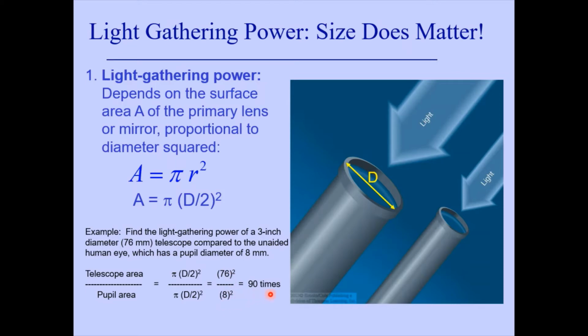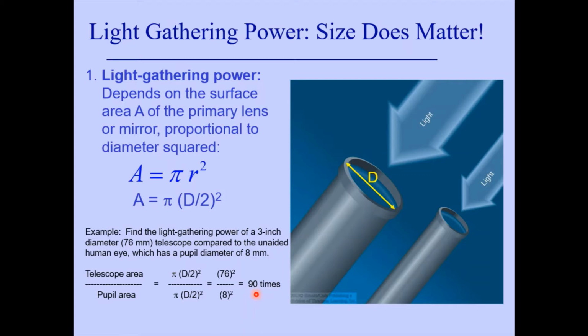So what does this number mean? This means that a small little 3-inch diameter telescope collects almost 100 times as much light as your eye does. So that means things will be 100 times brighter, and it'll collect that much more light. This is one graphic example to remind us why we should never, ever look at the sun with a telescope or binoculars.